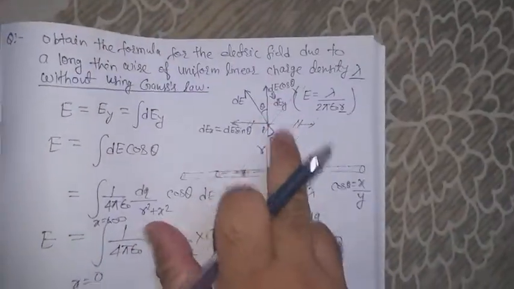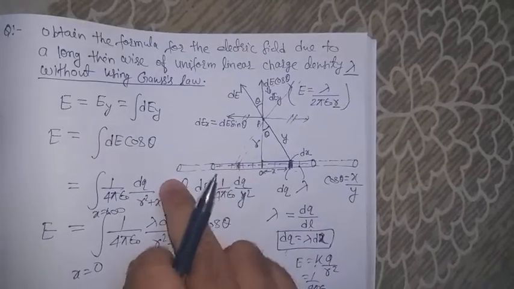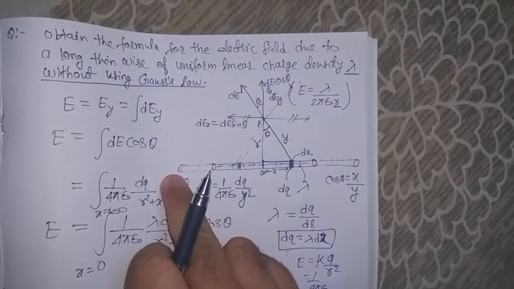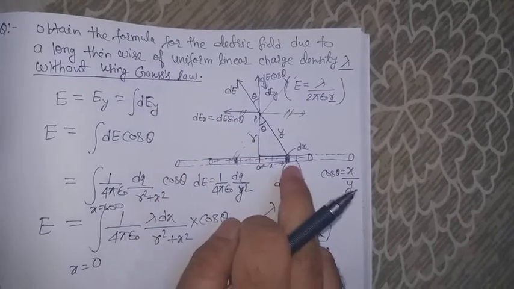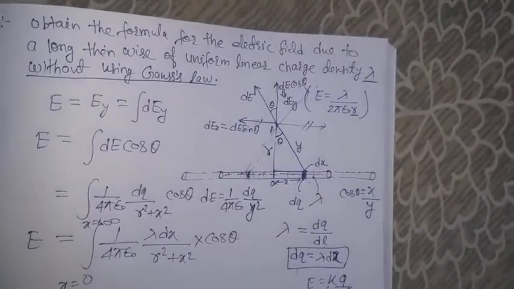Why? Because we have taken only one component here. This side we have not taken, so minus infinity will not come, only we have taken this. Okay, so this is the limit.